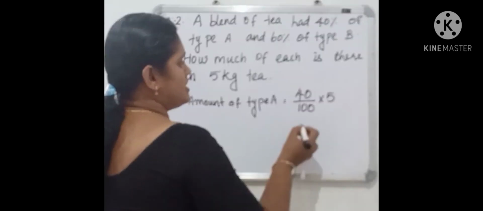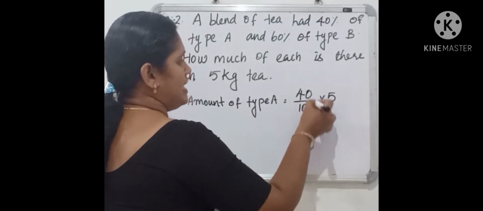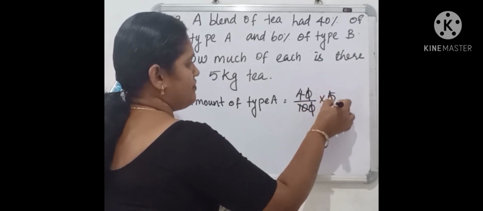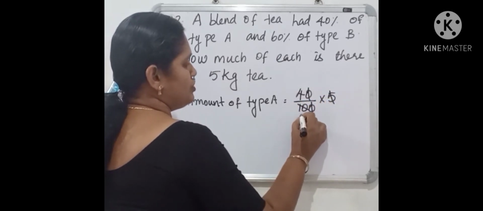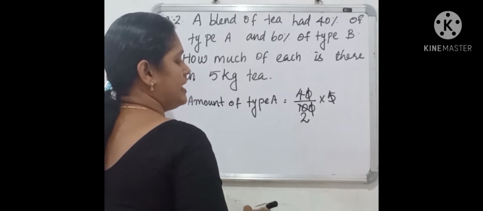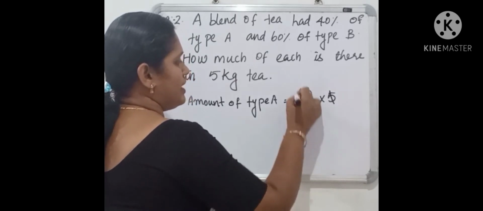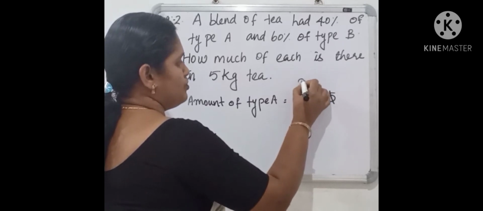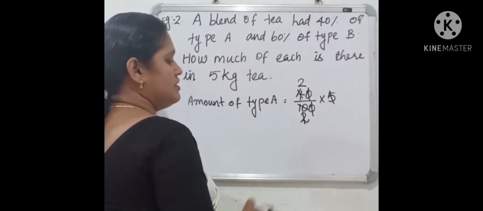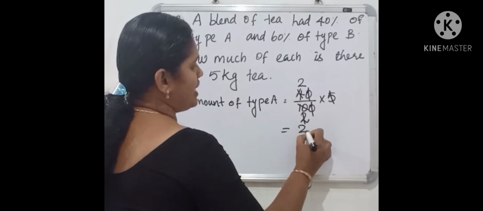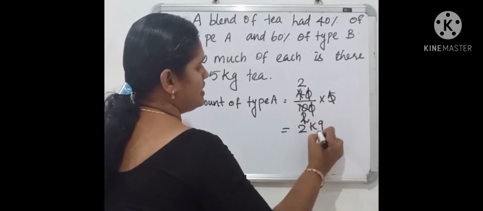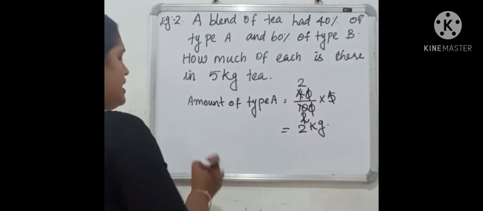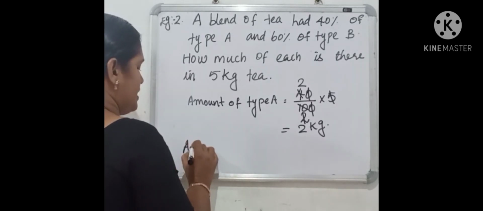We can cut like this. This 10 also we can cut by this 5 two times. Then these 2 again cut here. 2 2s are 4. So 2 kg is type A.